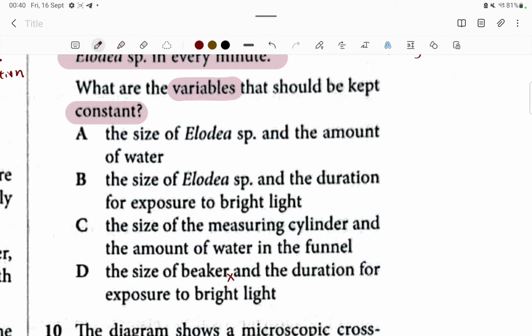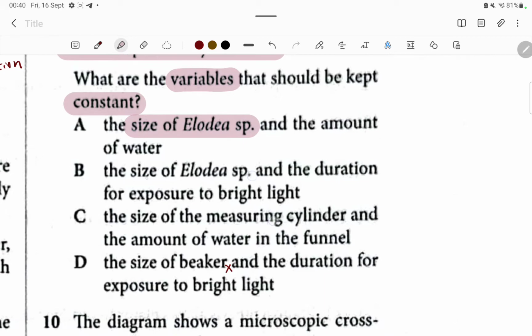Actually the size matters, because if the size is larger, it means there's more chloroplast, more chlorophyll, so photosynthesis rate can be higher. And then amount of water, not really, but duration of exposure to sunlight.